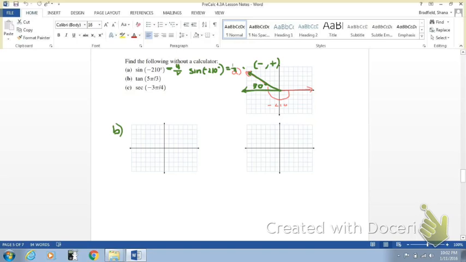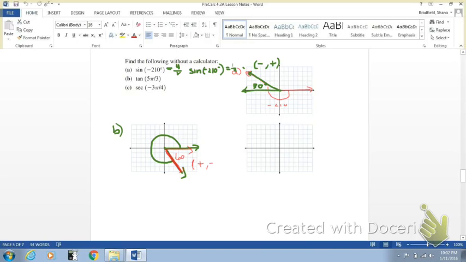So I'm going to mark B, and there's my standard position. I'm going to come around, and 300 is almost 360. It's a little bit short of that, which gives me a reference angle of 60 degrees, because I'm just 60 degrees short of 360.